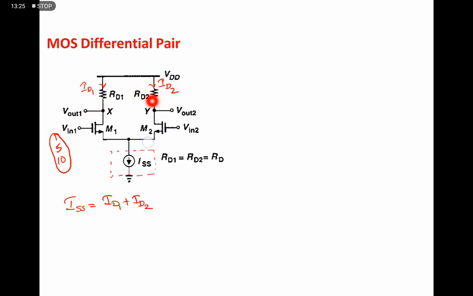If we assume M1 and M2 are identical, then for any common mode signal, ID1 equals ID2, which is ISS by 2. So that is the advantage of this circuit. If we give any common mode signal, the current through M1 and M2 is fixed, and its value is ID1 equal to ID2 equal to ISS by 2.